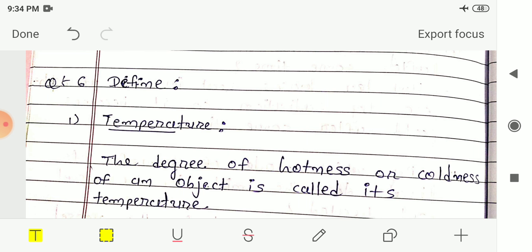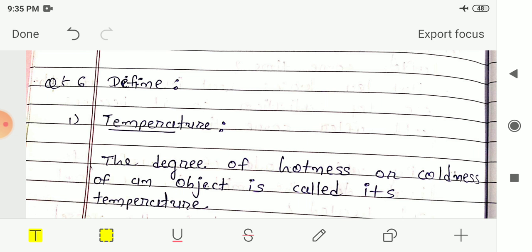Examples of insulators are wood, plastic, ebonite, leather, wool, glass, rubber, etc. So this is the first method of transfer of heat, that is conduction.